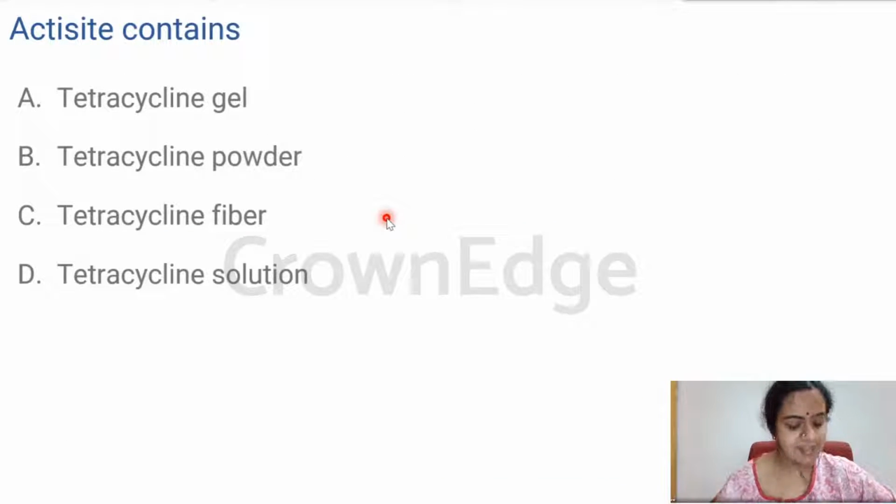Moving on to the next question. Actisite contains tetracycline as gel, powder, fiber, or solution. First decide what is Actisite, then tell me in what form the tetracycline is incorporated into this Actisite.